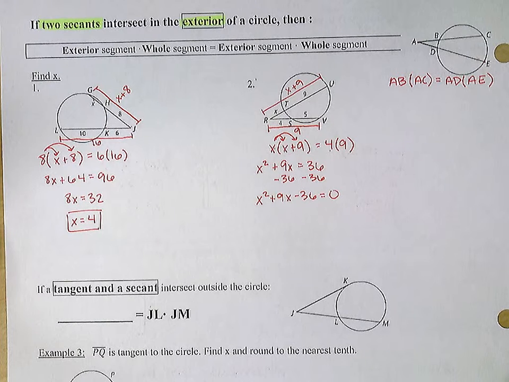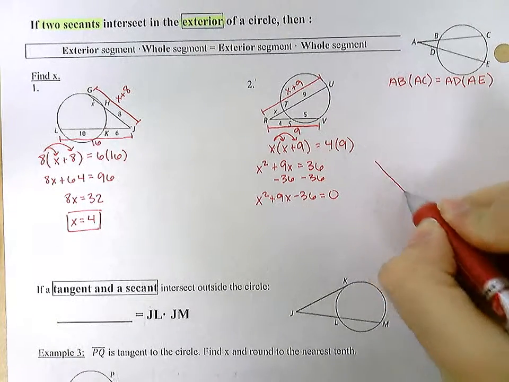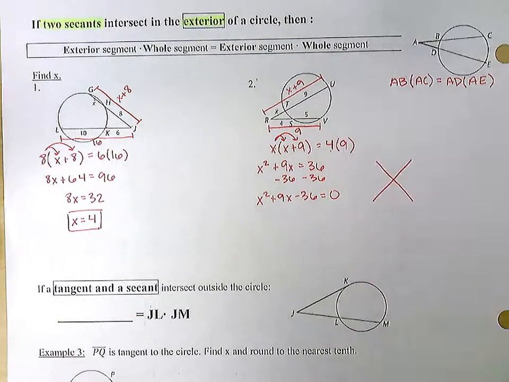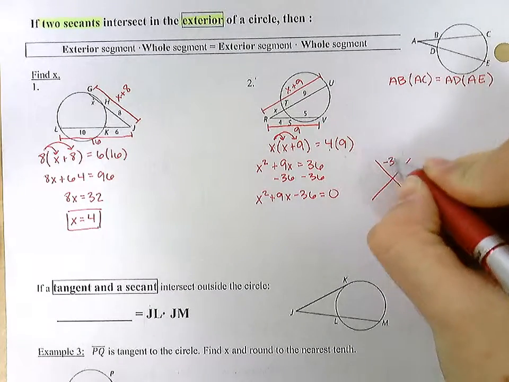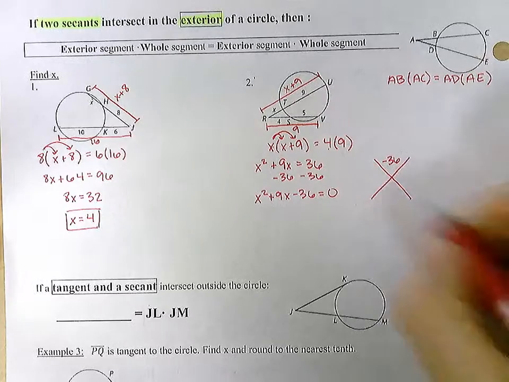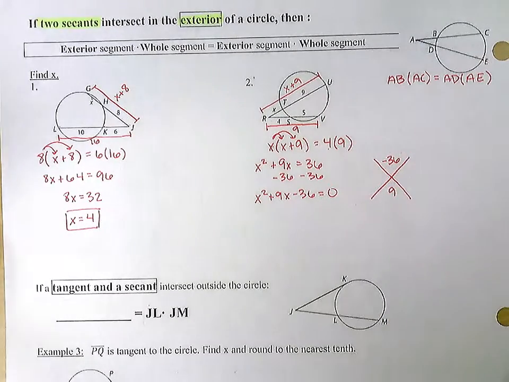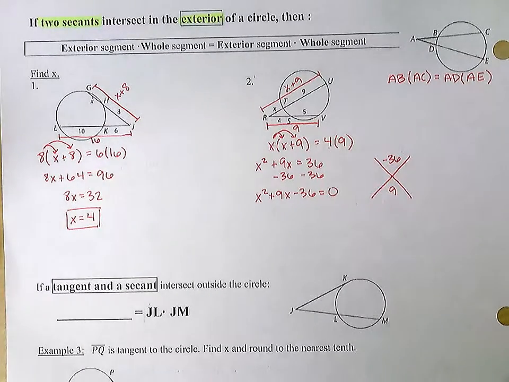Now what I want to do is see what multiplies to negative 36 but adds to 9. So if you need to, write out your x. What multiplies to negative 36 but adds to positive 9? Two numbers multiply to negative 36 and add to 9.